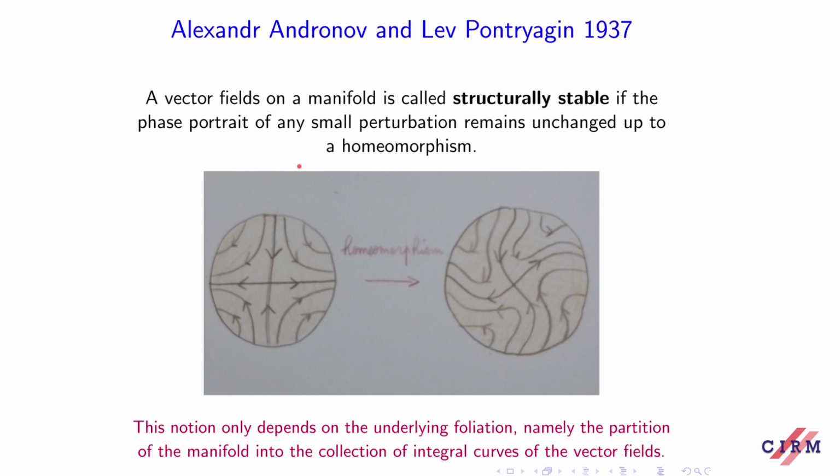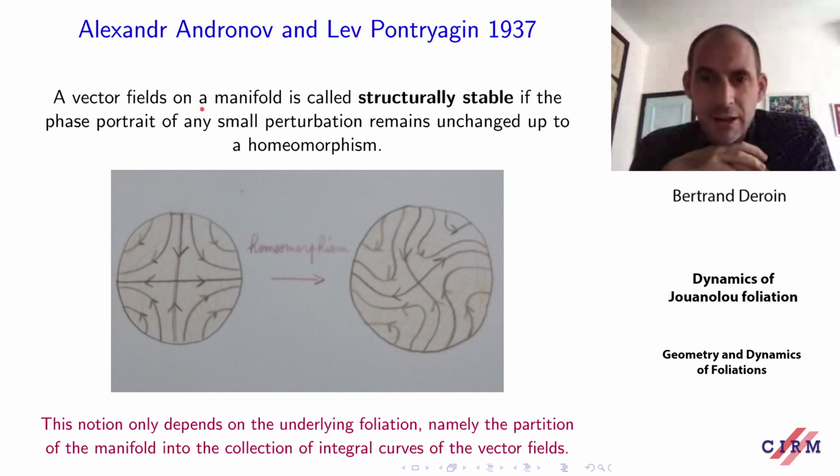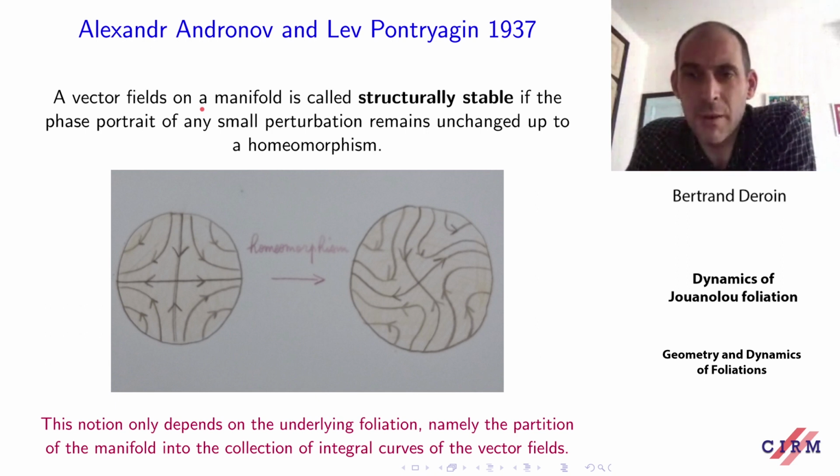If you have a vector field on a manifold, think of the vector fields we had on C2, it is called structurally stable if, when you look at the phase portrait, namely the partition of the manifold into the integral curves of the vector field, this phase portrait does not change up to homeomorphism when we change the vector field a little bit.